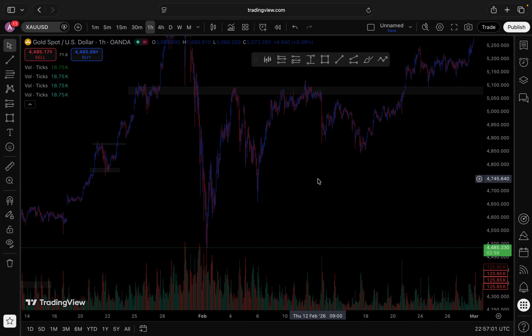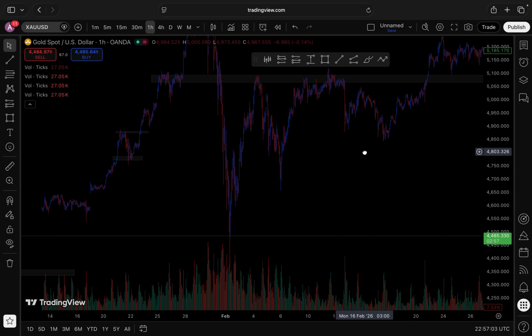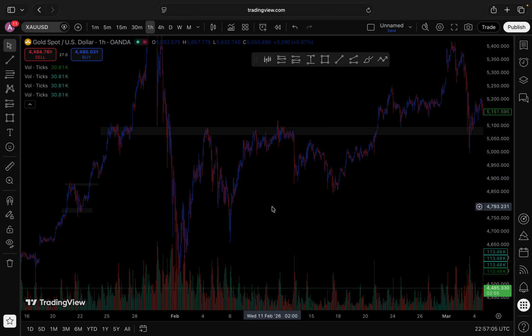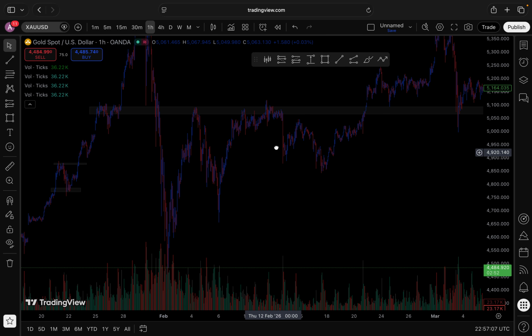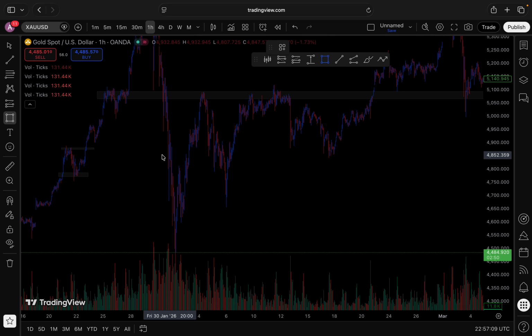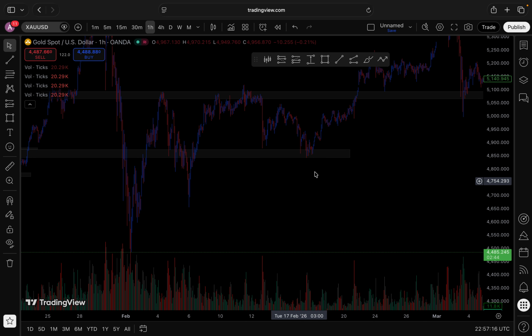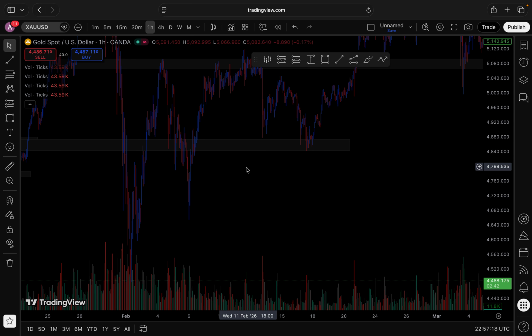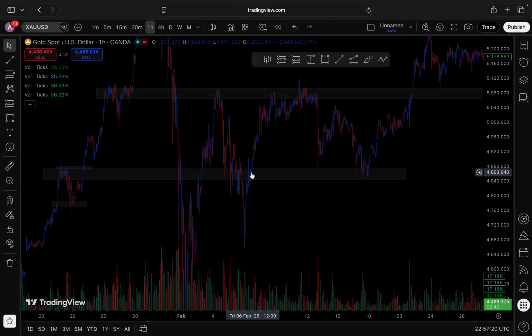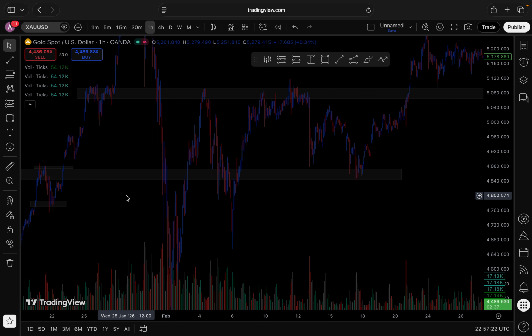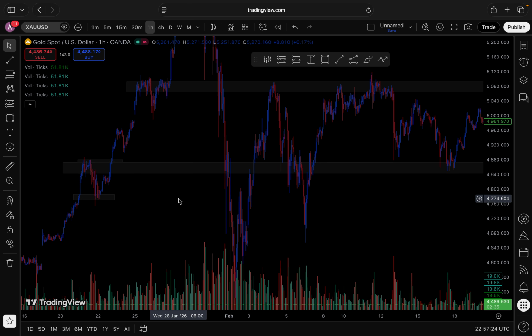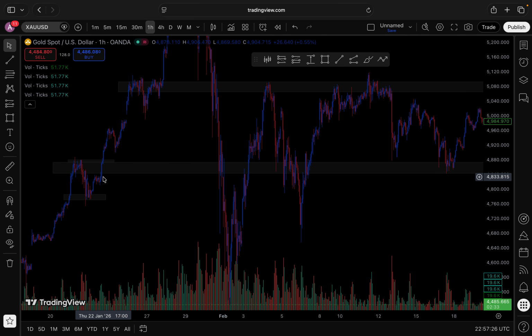So I know sellers are sitting here pretty heavy, so that would be a zone that is marked up. And I know buyers are sitting right here at this level, because even if you look to the left, price got right here and price originally broke out from this level.